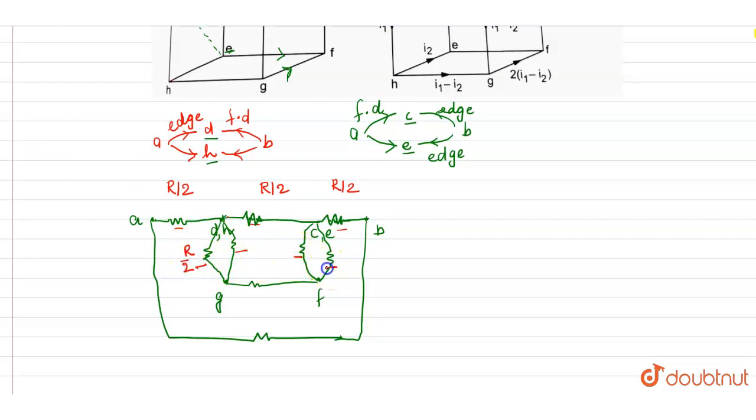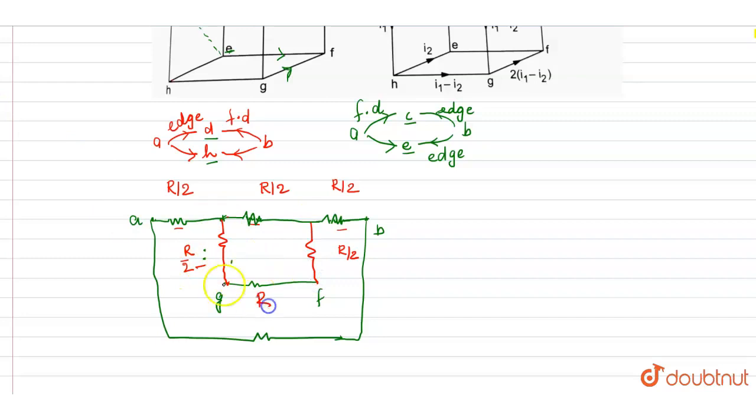Similarly, this is R, this is R, so equivalent is R/2. So here also we can replace these two resistances with a single resistance. So this is R/2 and this is R/2.